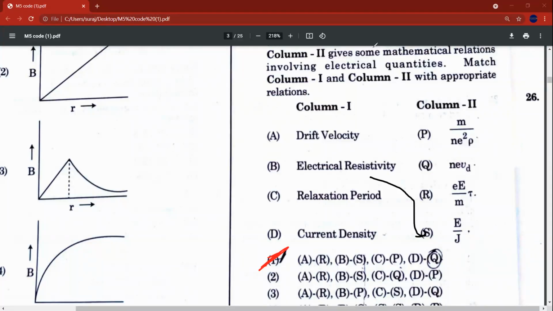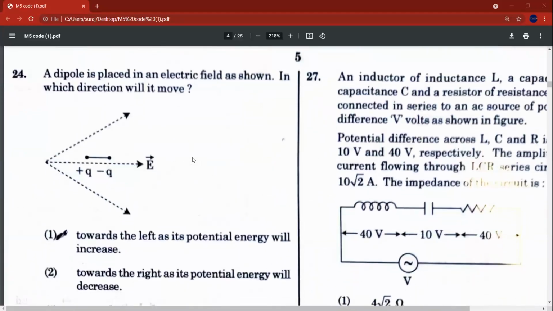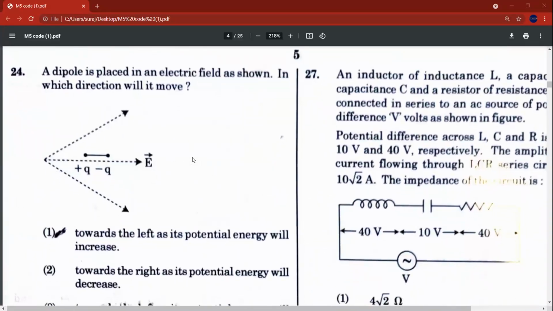Next, coming to question 24. A dipole is placed in an electric field as shown; in which direction will it move? So here the electric field is coming out from this side. That means positive charge is here. Positive will repel.